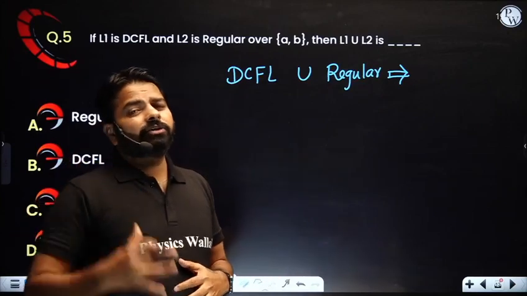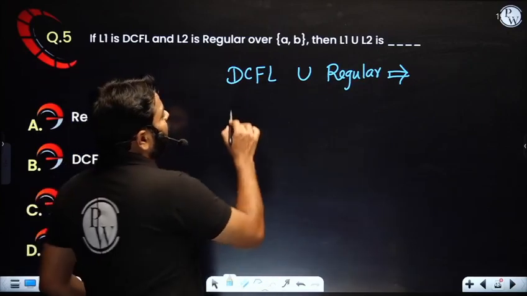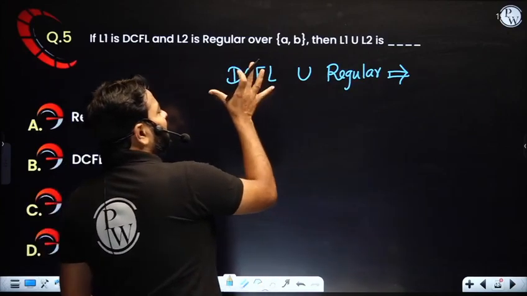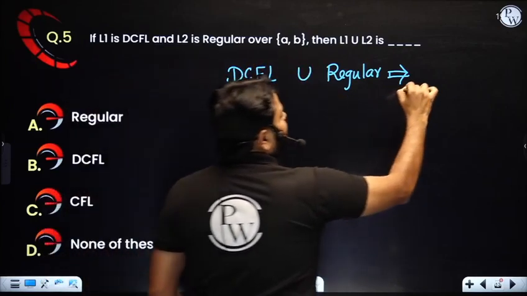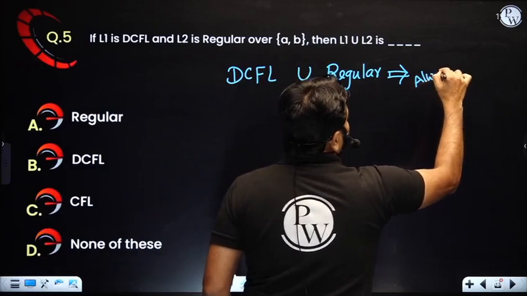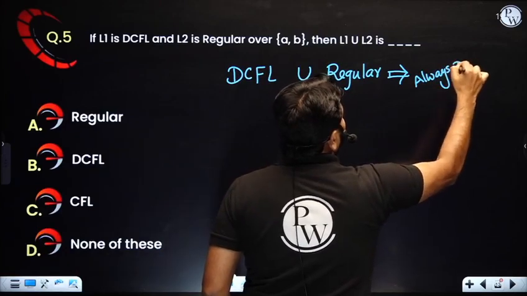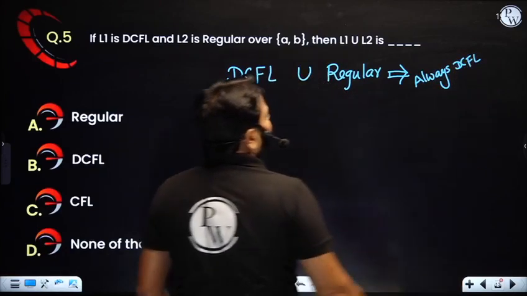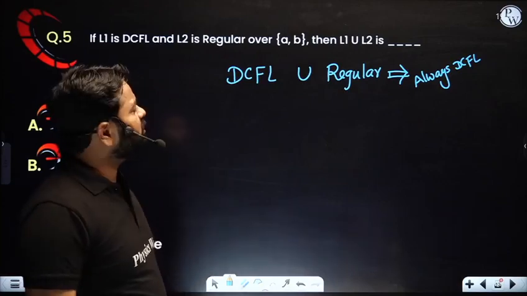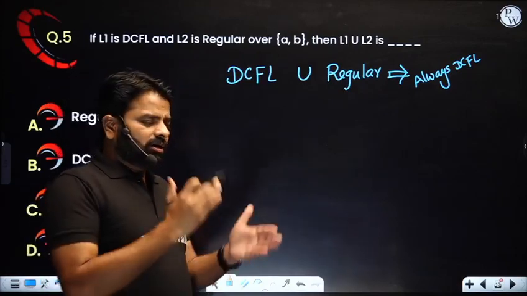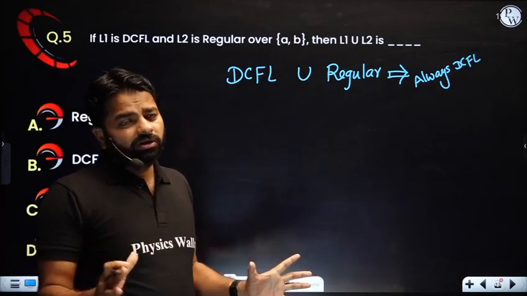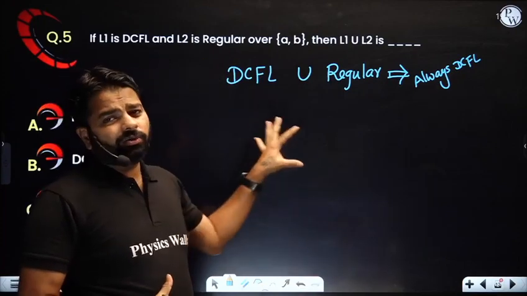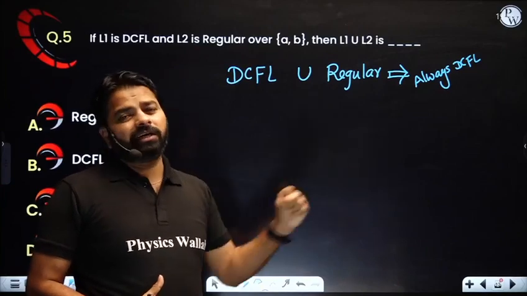We will get back to the DPDA again. Anyhow, when you combine a DCFL with a regular language, you always get a DCFL. There are algorithms for this, but if you want examples, is there any example where DCFL union regular is not a DCFL? There is no such example. DCFL union regular is always a DCFL.